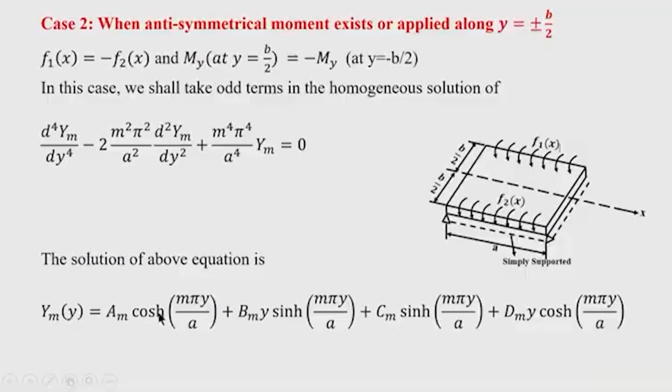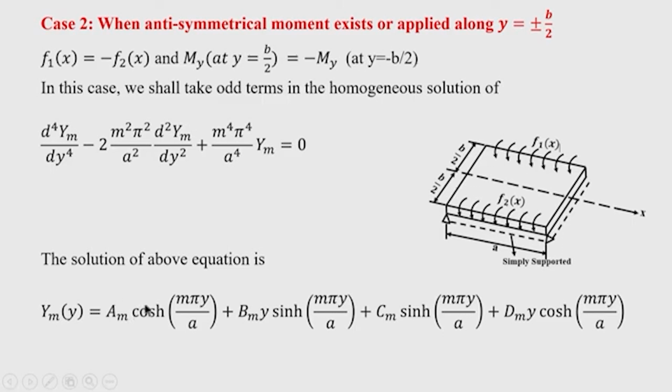So that we can easily understand the influence of the symmetrical and antisymmetrical terms in the plate, and the importance of these terms for the cases of symmetrical loading and antisymmetrical loading gives an advantage in the solution of the plate problem. Okay.